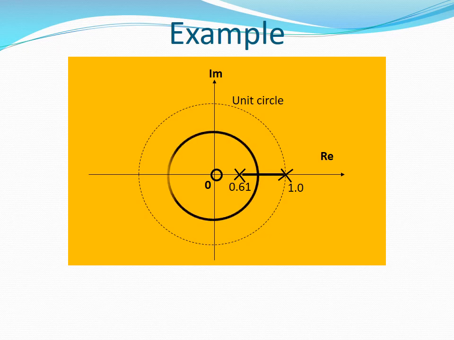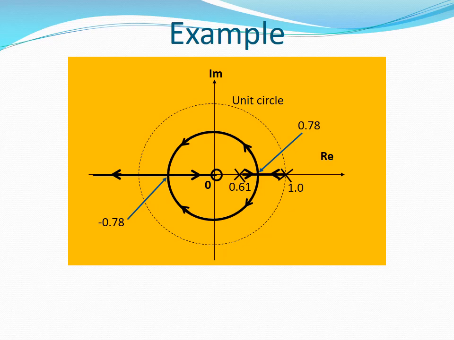This is what happens. The two branches of the root locus start from the respective open loop poles 0.61 and 1.0. They move towards each other until they break away at the point 0.78.